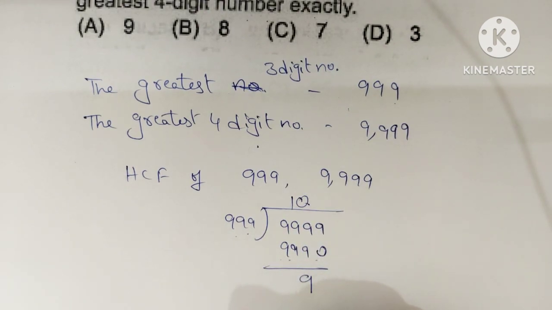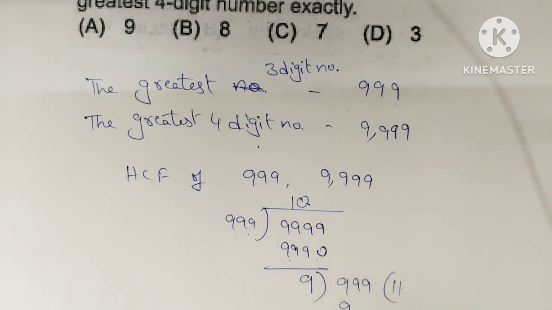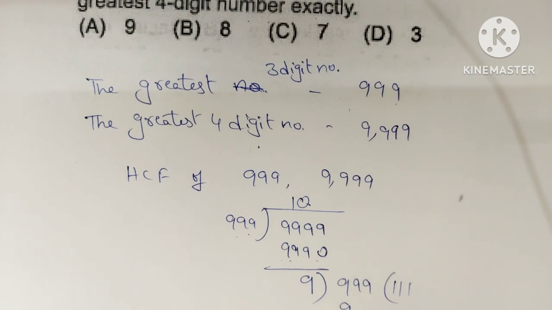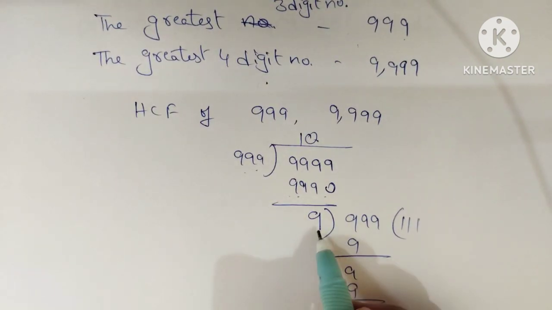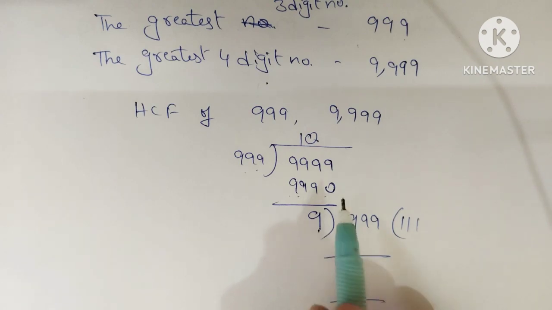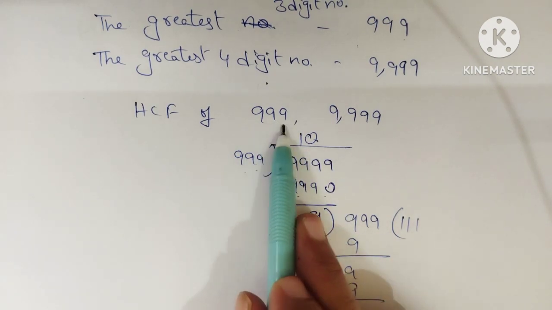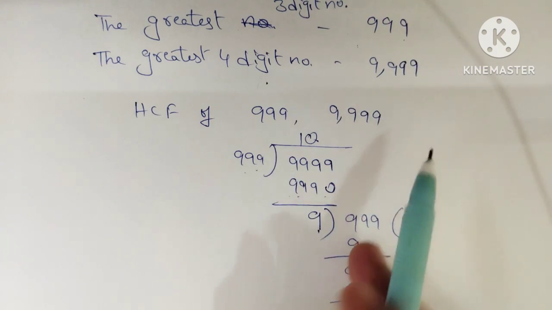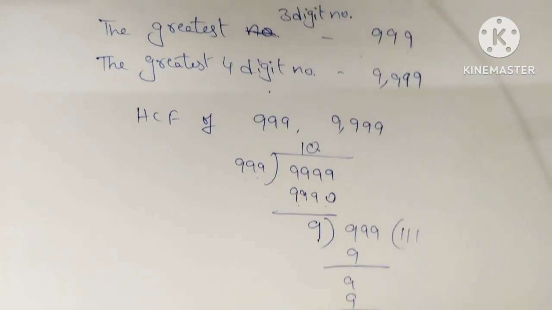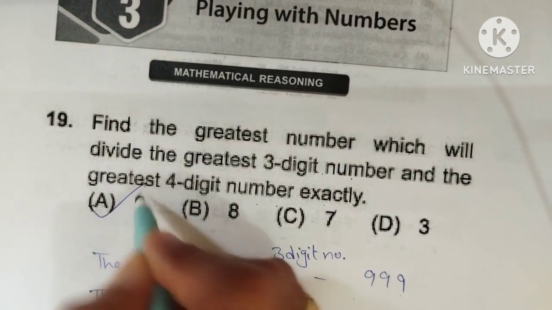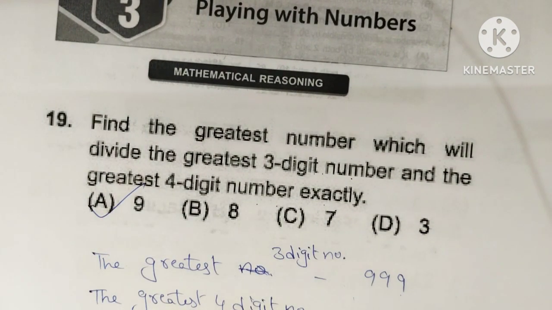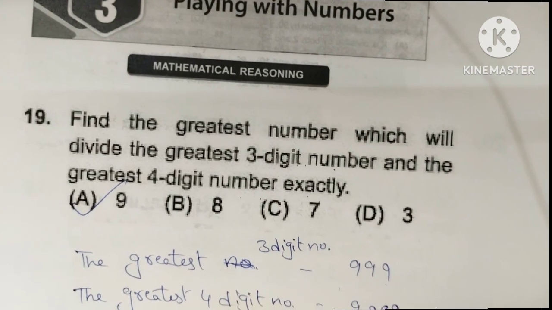So 9 is the remainder. Now with this 9, 9 ones are 9, so the remainder is 0. So here 9 is the HCF of 999 and 9999. So option A is the correct one. The greatest number which will divide the greatest 3-digit number and the greatest 4-digit number.